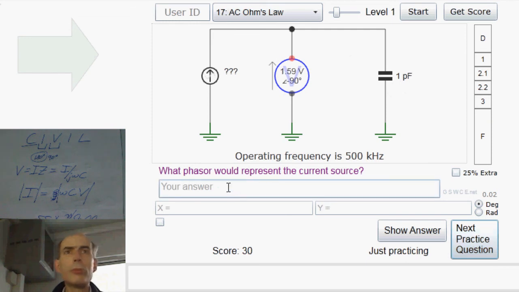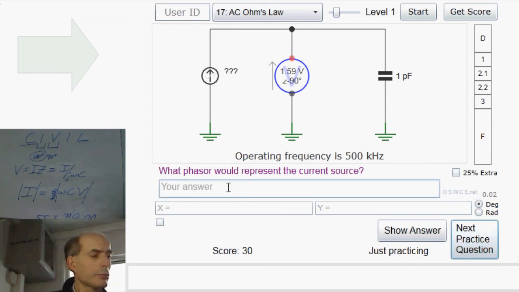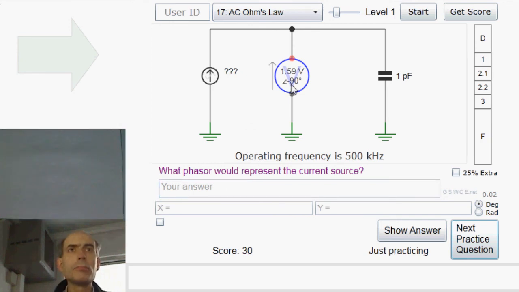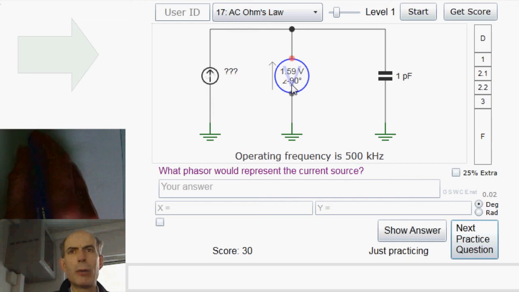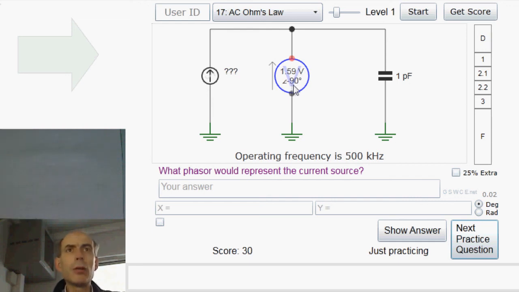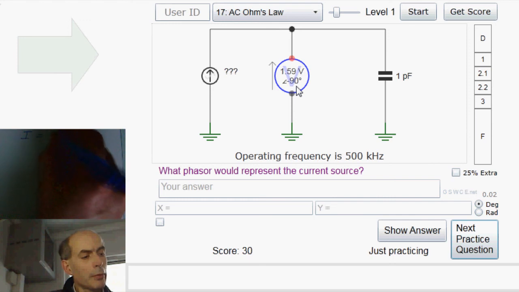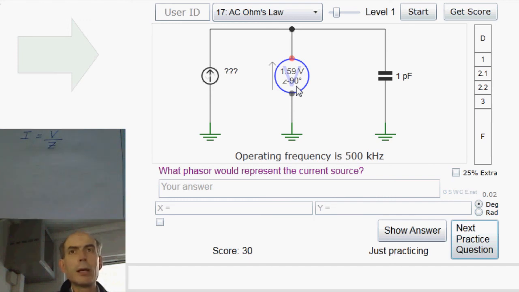What phasor would represent the current source here? Well, this time I'll forget that I knew about the acronym CIVIL, and I'll work it out as a pure complex calculation. The current source, I, is going to be given by V divided by the impedance, Z. And in general, all of these can be complex quantities.